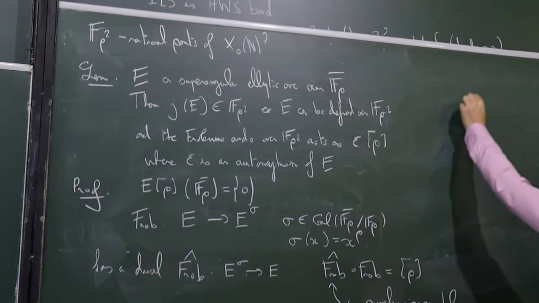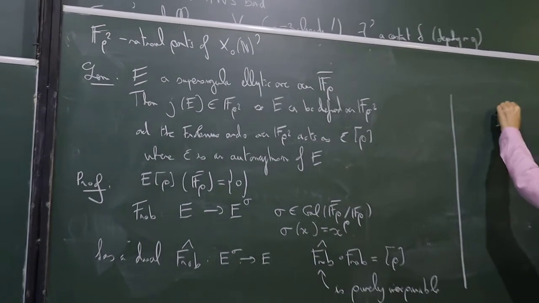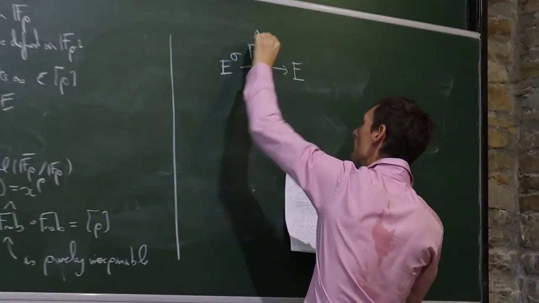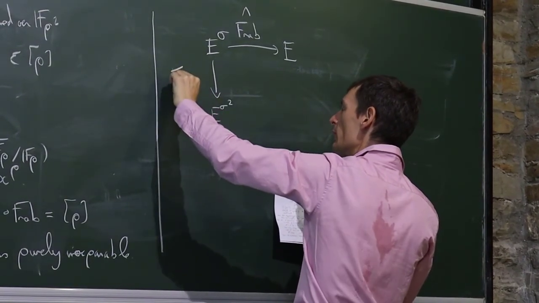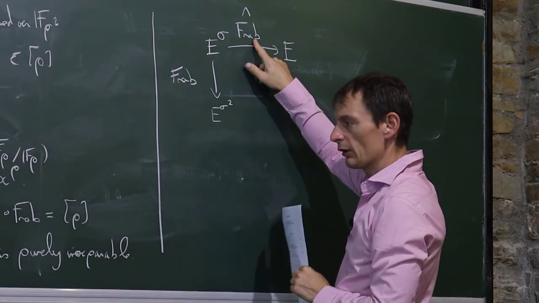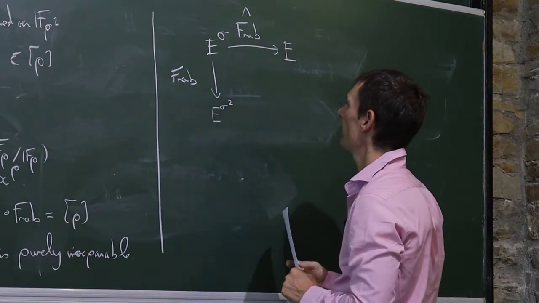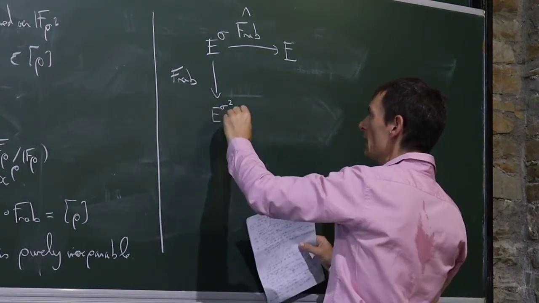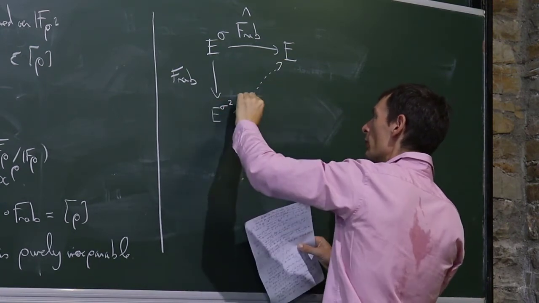So if I now go from E^sigma to E with the Frobenius dual, I can go from E^sigma to E^sigma² using again the Frobenius. But as the Frobenius dual is purely inseparable, it has to factor through the Frobenius. That's one of the properties of being purely inseparable. But the degree of this is the same as the degree of Frobenius, so if it factors through this map, this is an isomorphism.